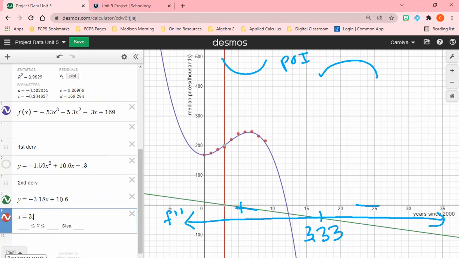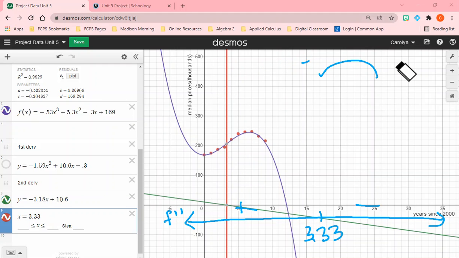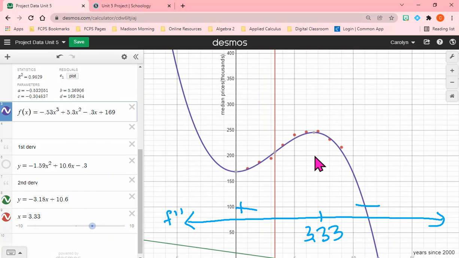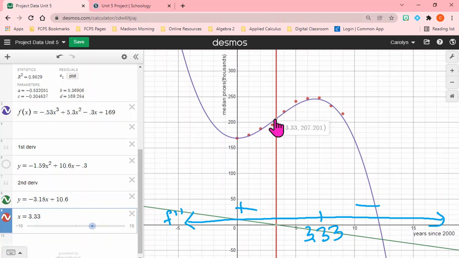x equals 3.33. Notice on the purple graph, that's the point of inflection. It looks good. It looks right. It should. Everything should correspond. Right here is where the point of inflection is. Let's make sure we've got the point.